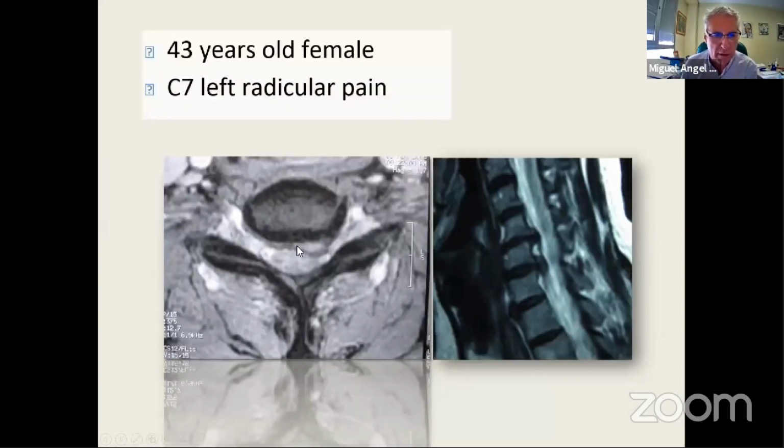This is one of the patients. I'm going to show very quickly a video. It is important to mention the clinical selection of the involved root, because sometimes you have not one but two images like that. Usually one is provoking compression, but in cases of some hesitation, you can do the decompression at two levels and be sure that we have contributed to solve the problem of the patient.